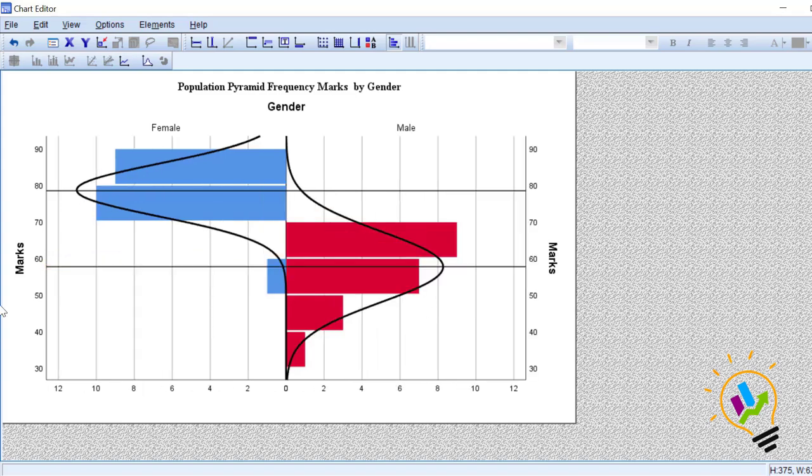Now let us discuss the effect size between the two groups. The mean of female group is near to 80 and the mean of this male group is near to 60. Now if you see the overlapping between the two groups, this is the area where we have overlap, means that there are some students in both groups, male and female.